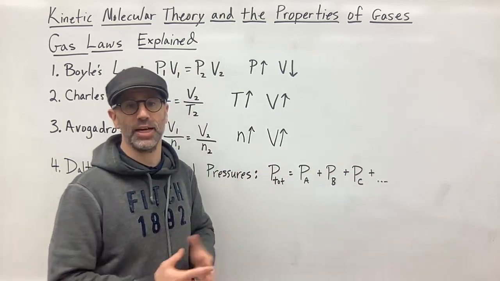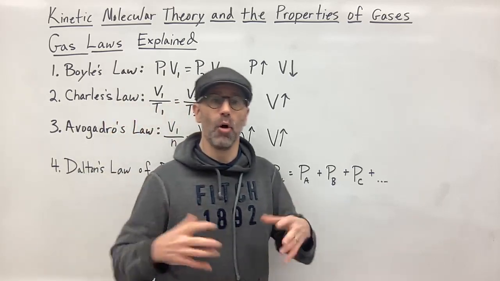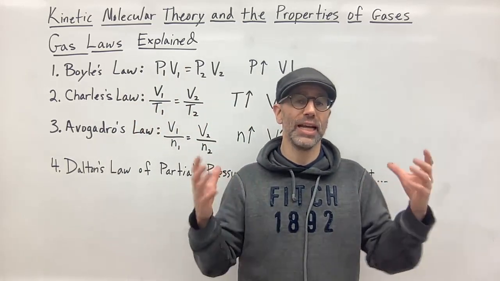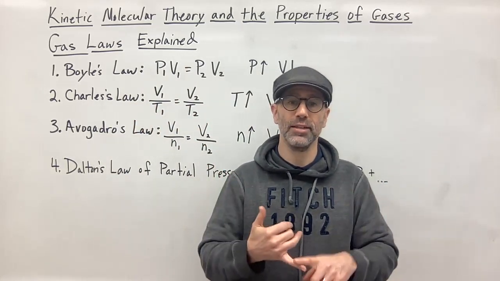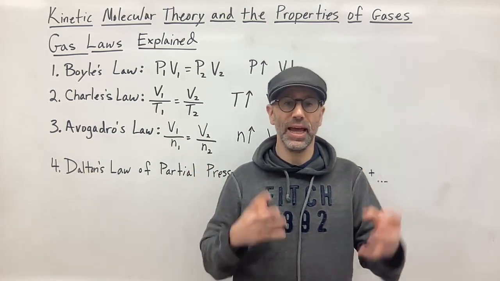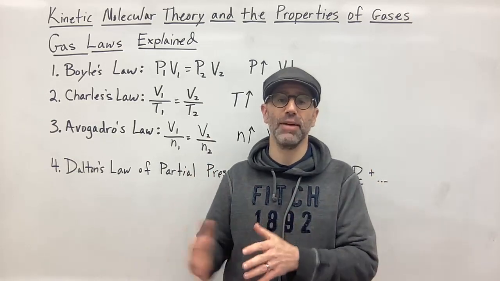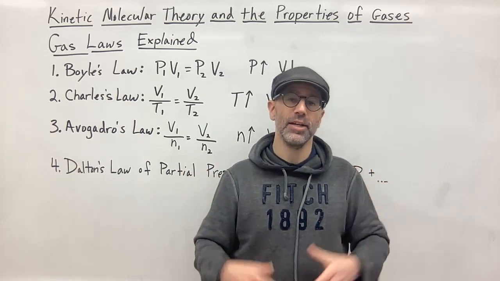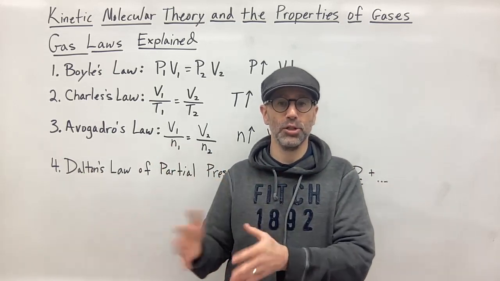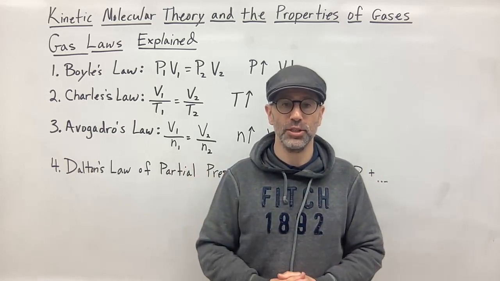And the reason for that, again, is because according to kinetic molecular theory, all of the gas particles are separated from each other in such a way that they're not interacting with each other. They don't interact, and they're very far apart, so they will behave as if they are by themselves, right? So each gas will behave as if it's alone in the container. And so we could focus on each gas by itself, figure out what the partial pressure is, and then add those together, and that will be the total pressure.